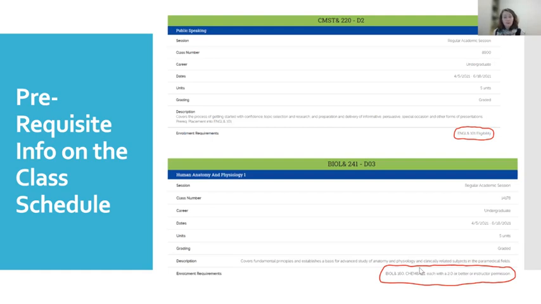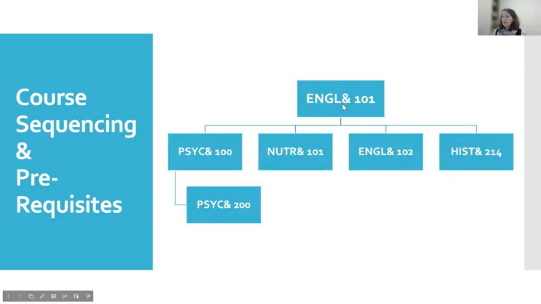Now, one thing I want to point out about prerequisites is we assume success. So going back, if you are enrolled in English 101 this term, well, registration is going to begin fairly soon. Maybe somebody can put in the chat if they know when registration is going to begin. So say you're in English 101 and you want to go ahead and sign up for English 102 next quarter. You do not have to wait until you have passed English 101.